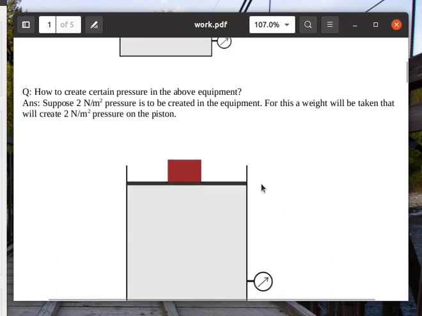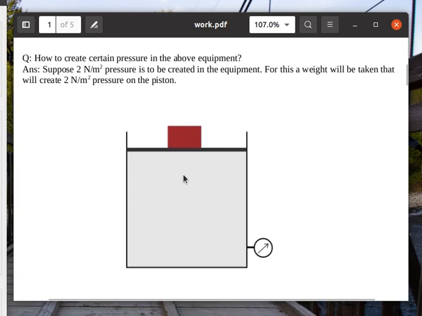For this you will take a simple weight, and the quantity of weight will be such that it creates 2 Newton per meter square pressure on the piston. Suppose its weight is 10 Newton, and the area of the piston is 5 meter square.